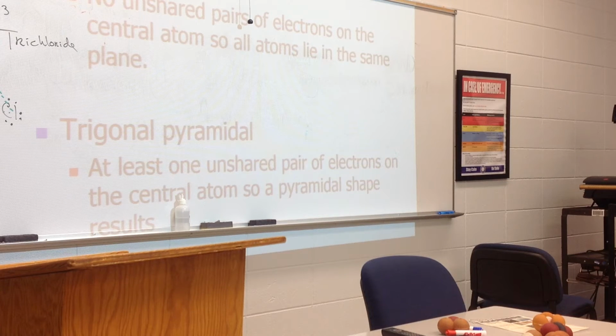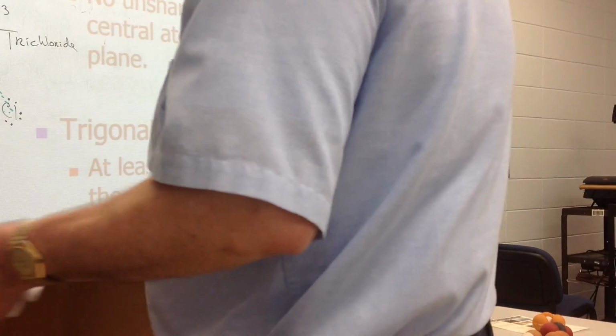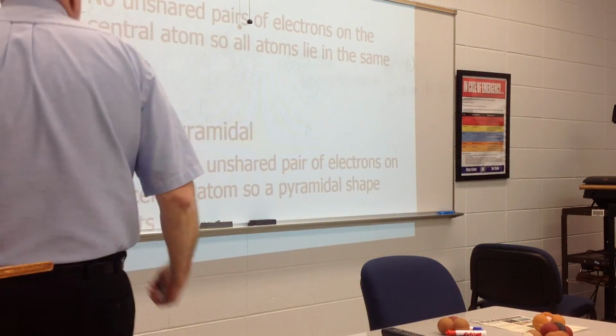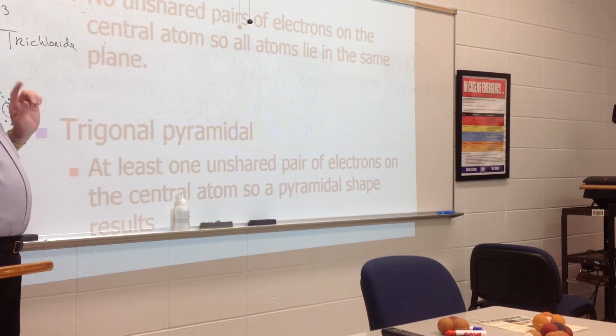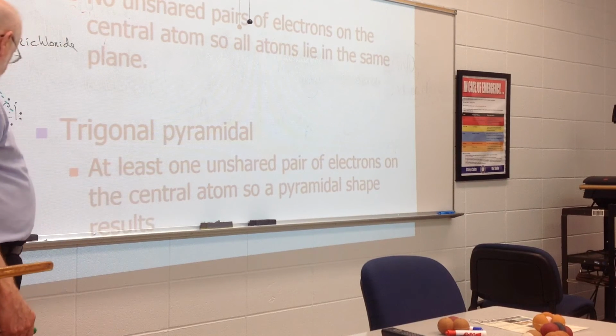You rarely see this because there aren't many elements that act like that boron does. Now, here's something that's far more common, and that is the next one down, which is the trigonal pyramidal. Now, what's the difference?